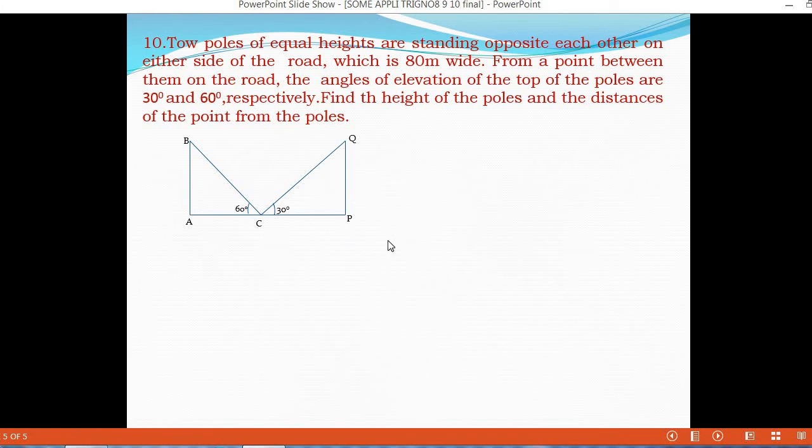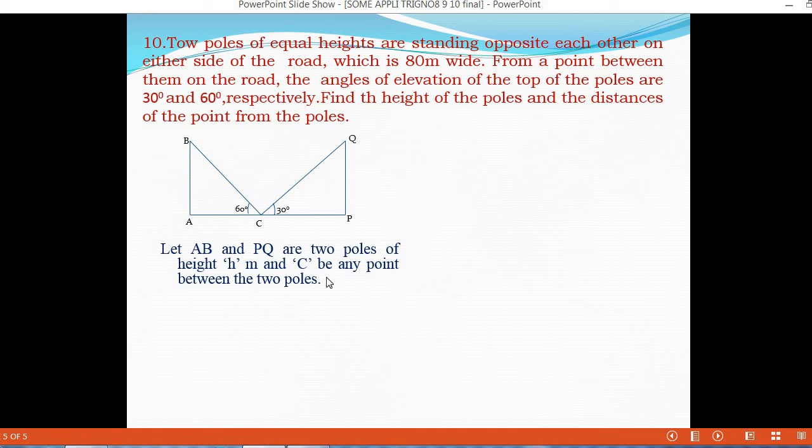From the point, let us take the point C. From this point, when we observe, the angle of elevation of the top of the pole is 30 degree, and from the other pole it is 60 degree. So we have to find the height of the poles AB and QP respectively.